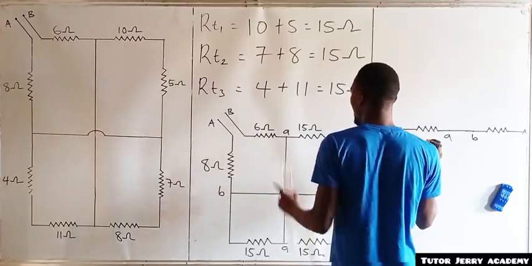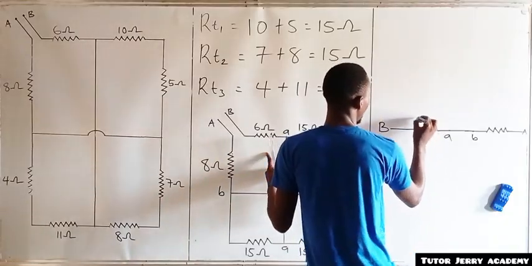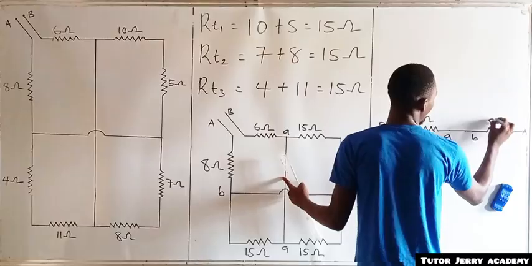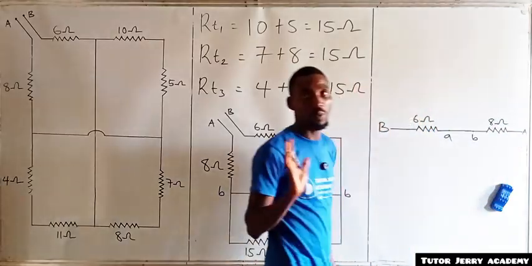So here is going to be 6 ohms, 6 ohms, and here is going to be 8 ohms. I hope we are following.